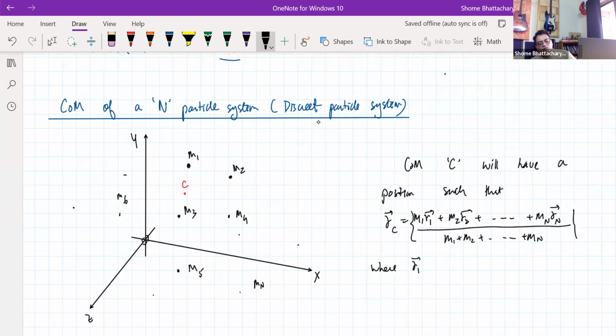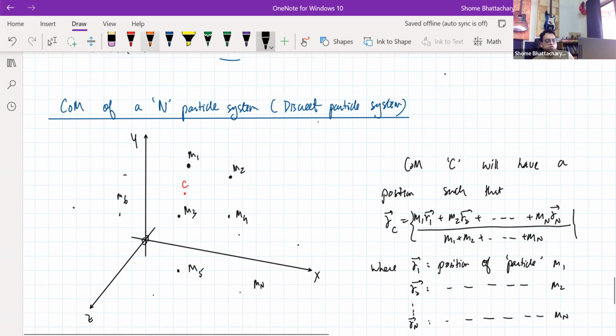Where r1 is the position of the particle of mass m1. This becomes the general formula.